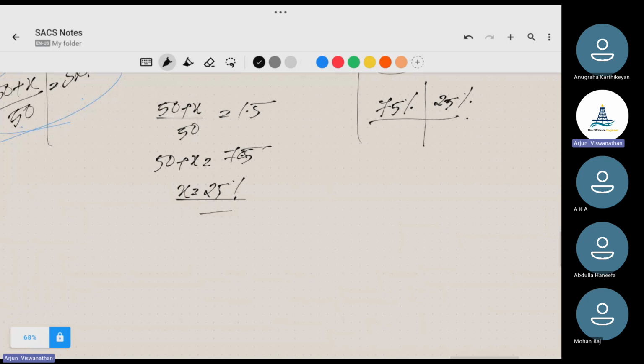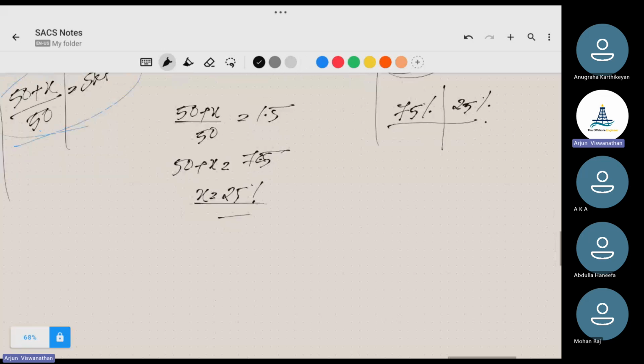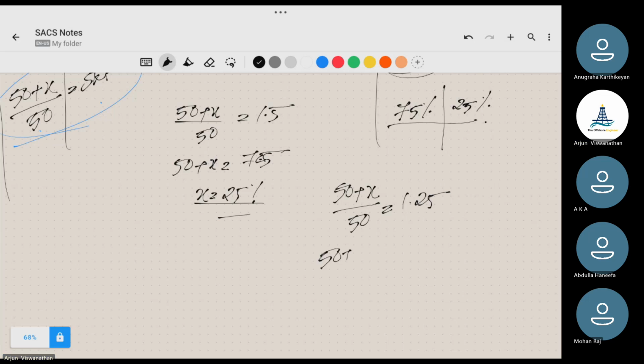So this is regarding 1.5. Now for 1.25, how will things go? It will be 50 plus X by 50 is equal to 1.25. So 50 into 1.25, let me take the calculator. 50 into 1.25 is 62.5.